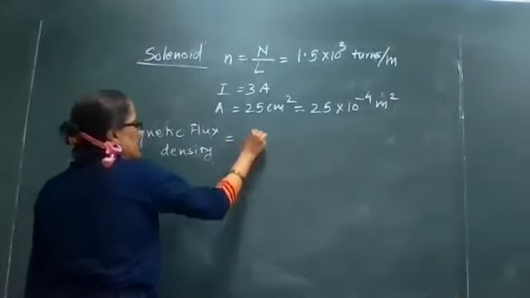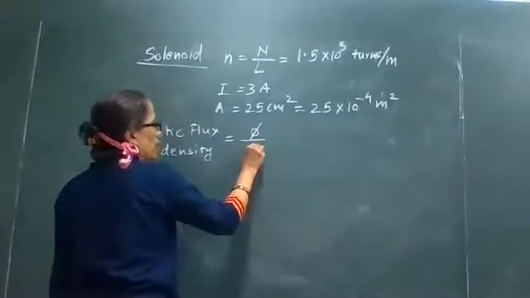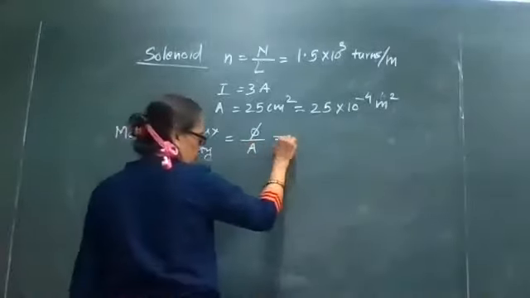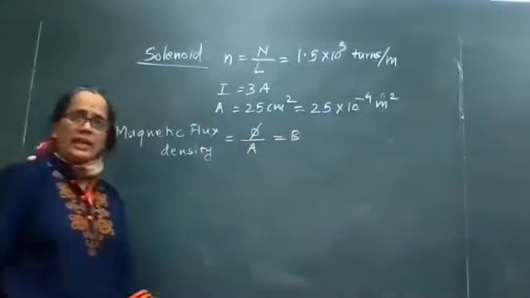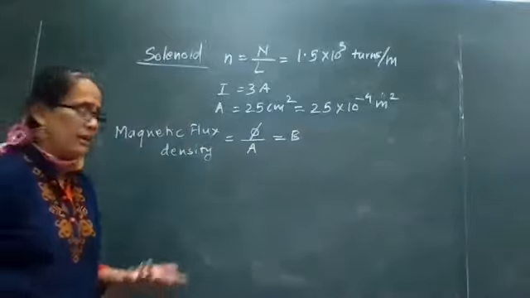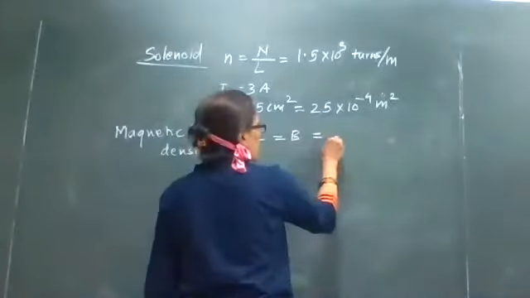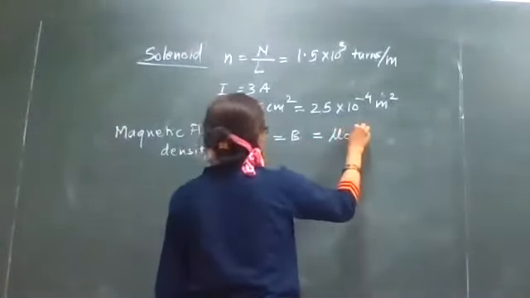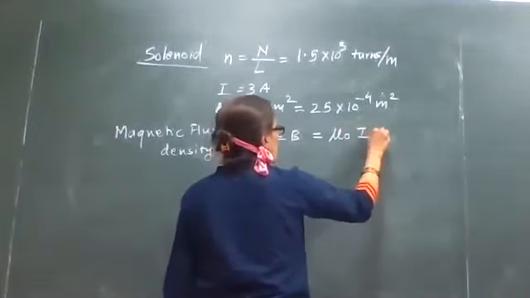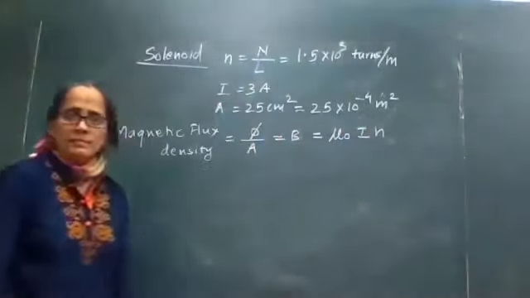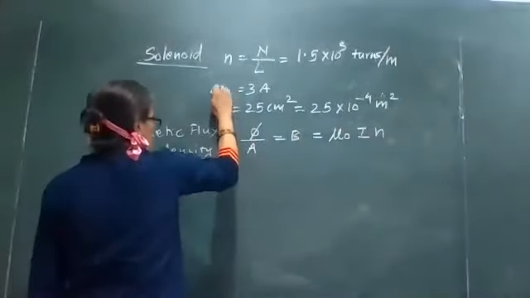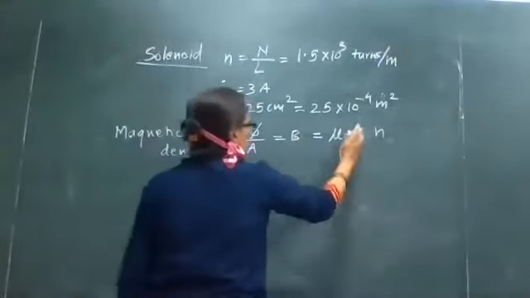Magnetic flux density means phi upon A, which is nothing but B, that is magnetic induction. In a solenoid we have a formula: mu0 I into small n. In a solenoid we use current as small I, so I will take that small n.